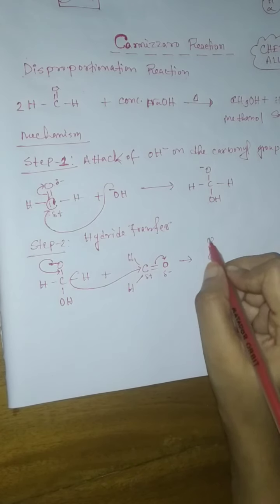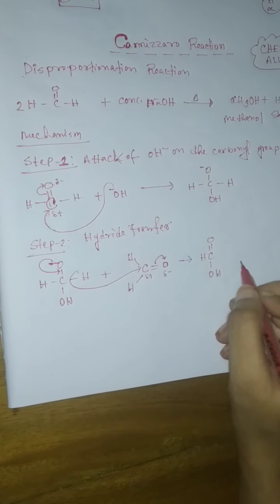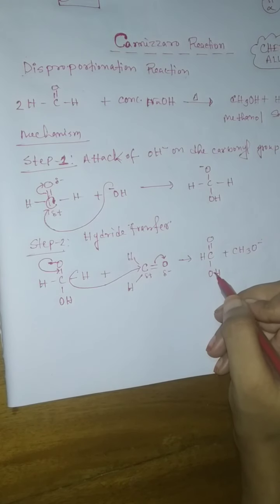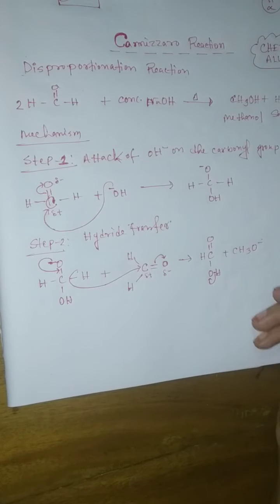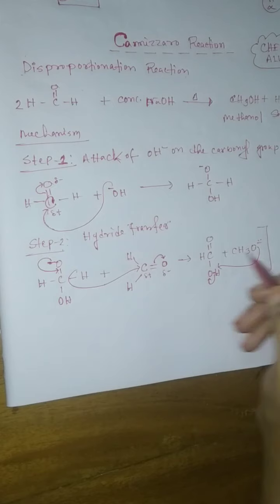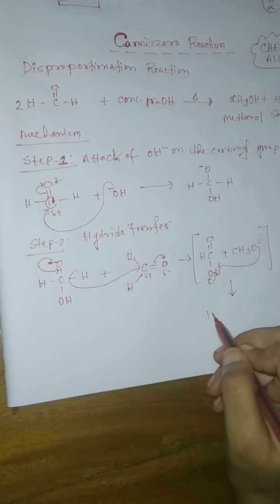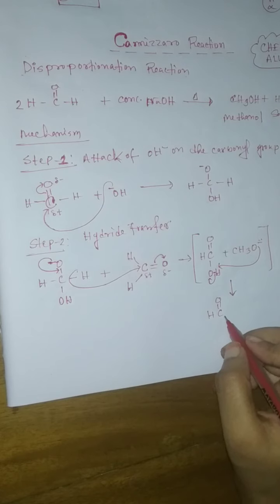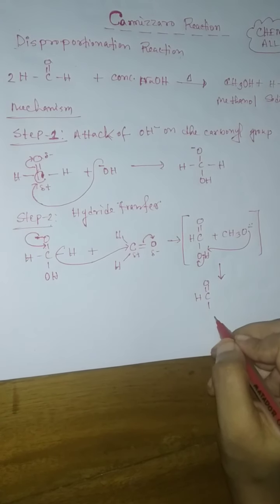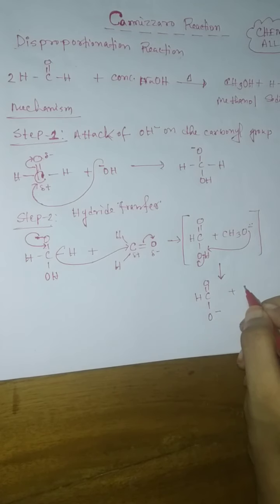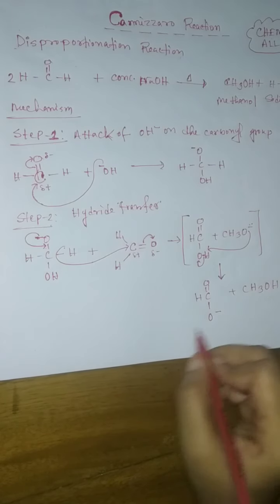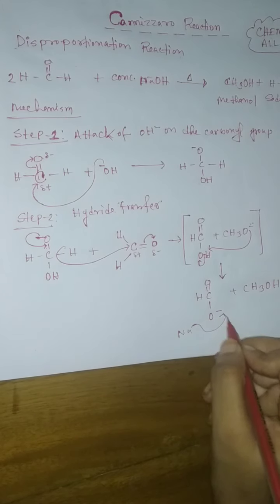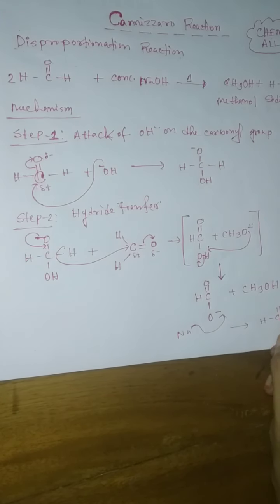There is a bond actually, so this electron will be pulled by this oxygen, and this oxygen will be attached to this hydrogen, and then we can get the final product. This is the final product of our Cannizzaro reaction.